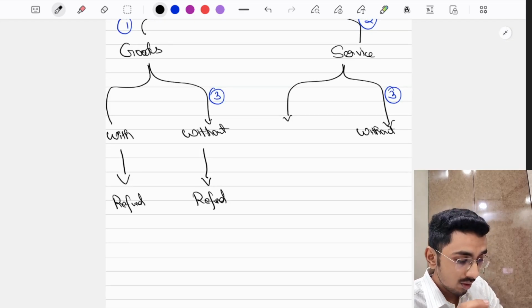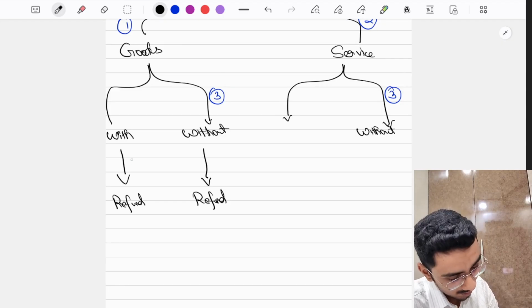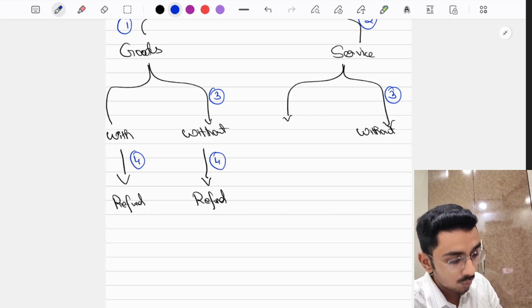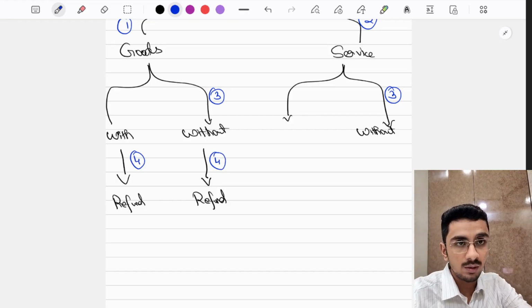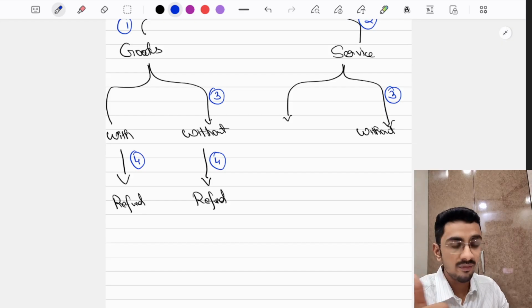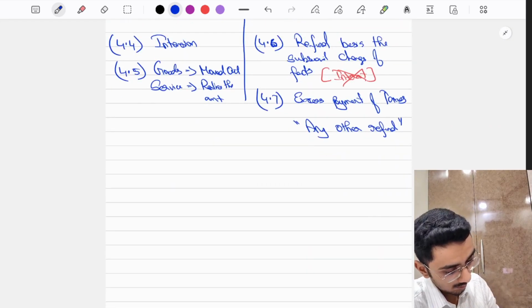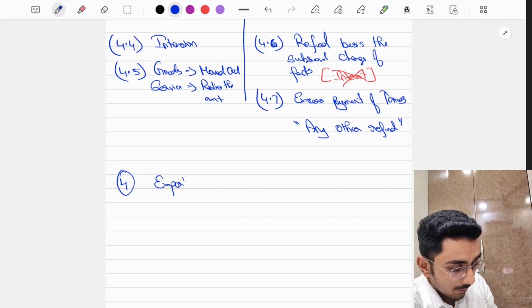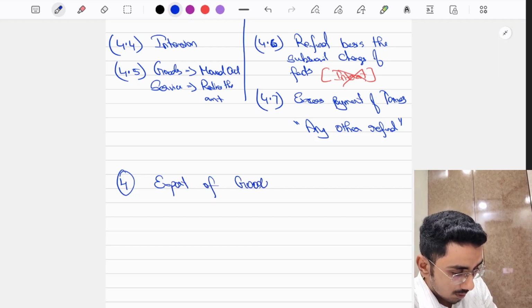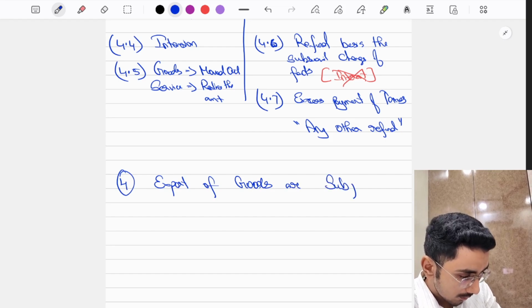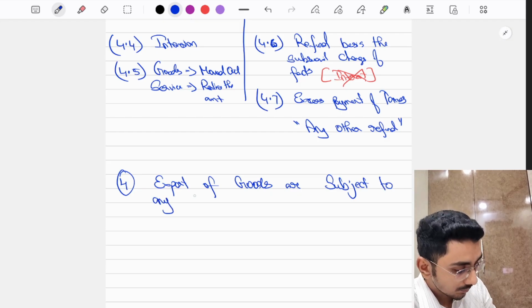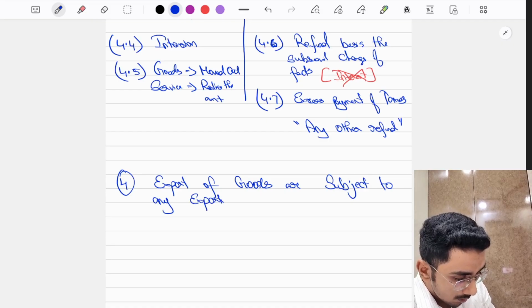Now for goods, there is a fourth condition, for both the options. You can go with the option of with or without payment, but you cannot go for a refund if the export of goods is subject to any export duty.